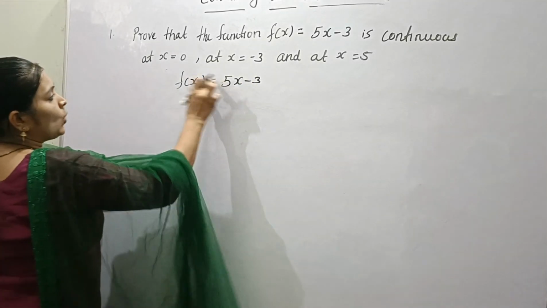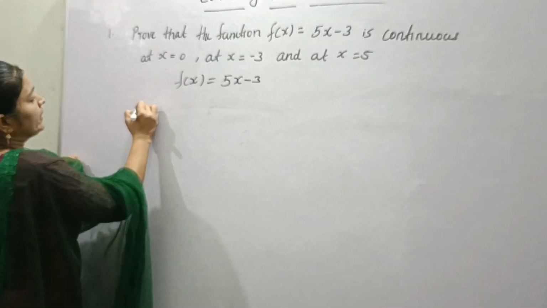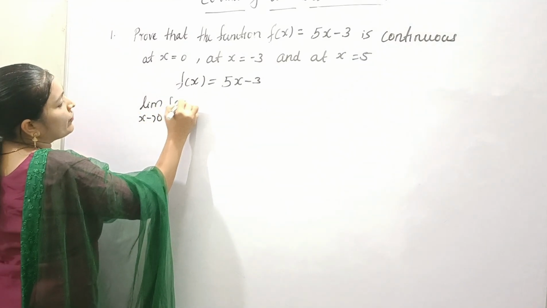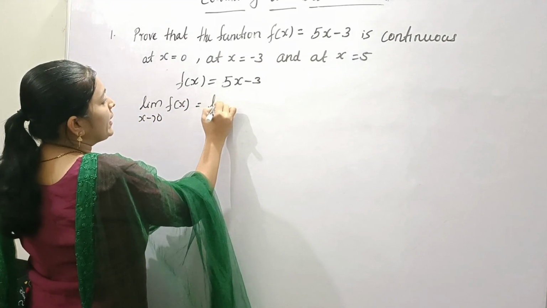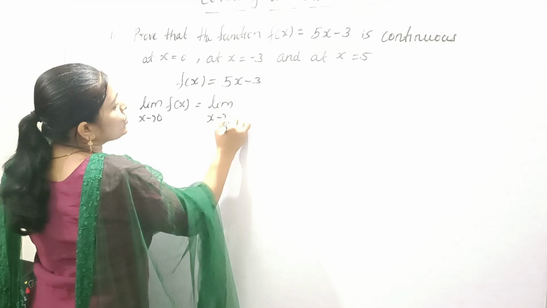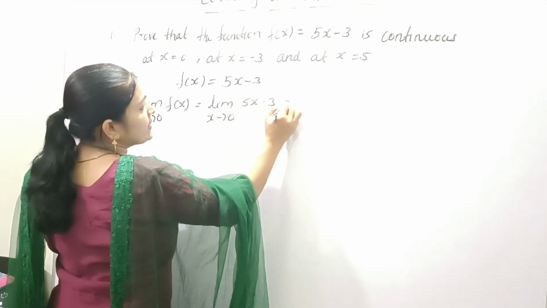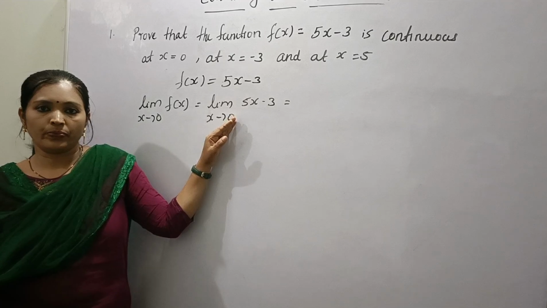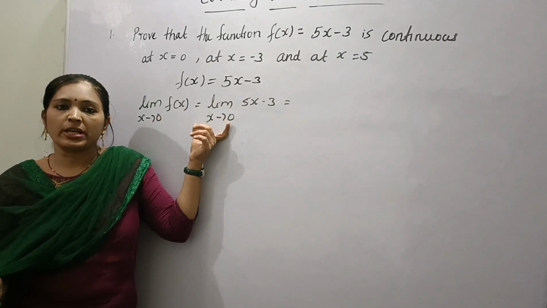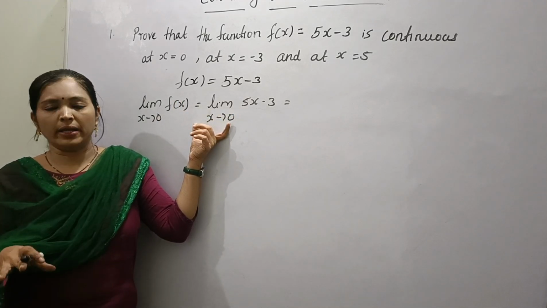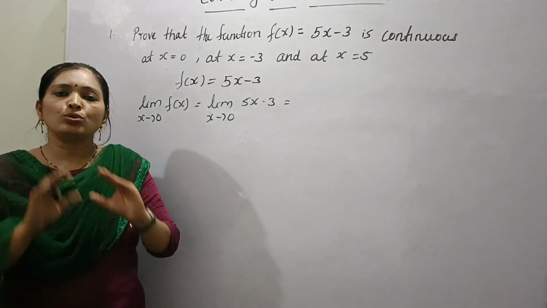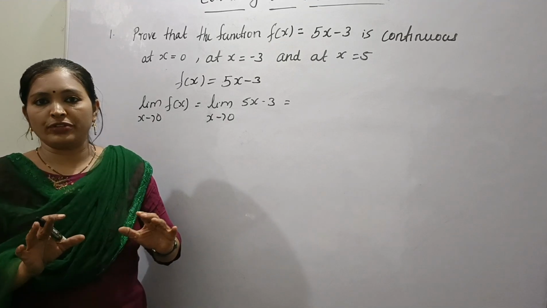5x minus 3. Then, let's find limit x tends to 0, f of x is equal to limit x tends to 0, 5x minus 3. Here, put x is equal to 0. Don't be confused here when applying the limit. For every limit function, you have to substitute the value first.